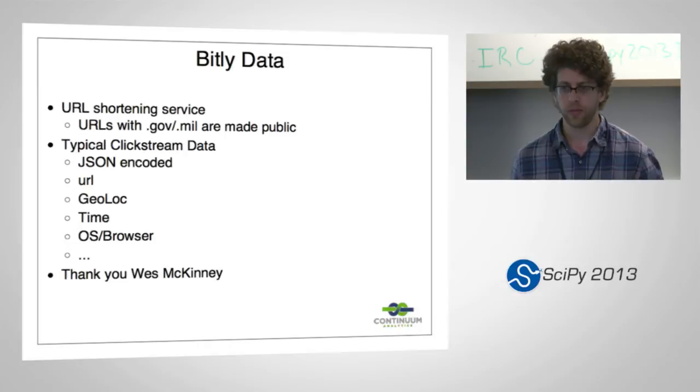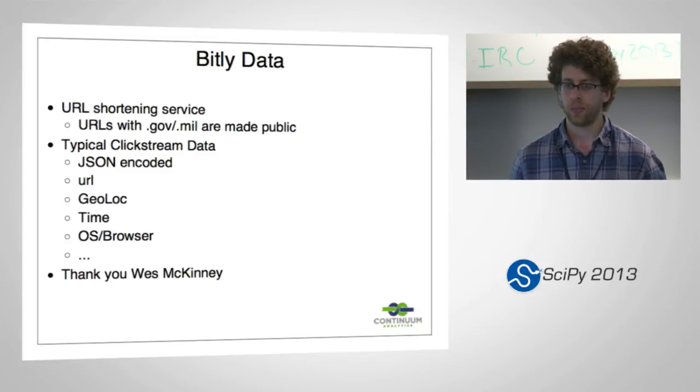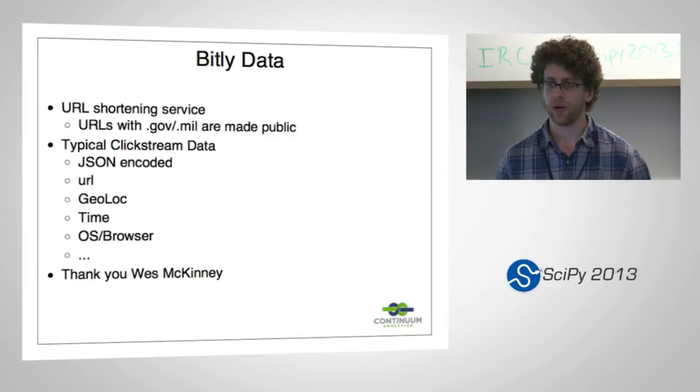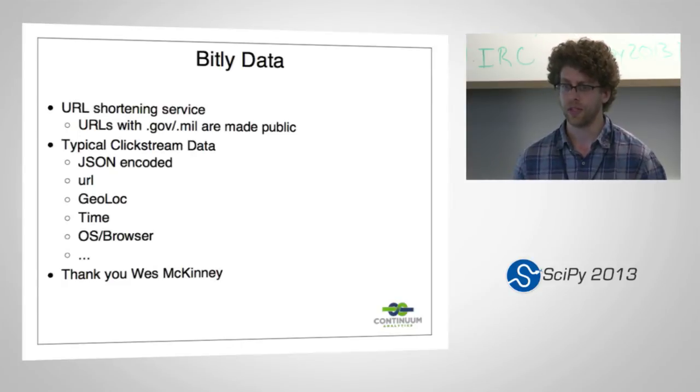It's JSON encoded, and in this clickstream data you'd have the full URL, the shortened URL, where the click came from, whether it was Facebook or Twitter or somewhere else, possible geolocation of where it was clicked, the OS and the browser. There's a whole bunch of information encoded in a single click, and all that's made public. Again, a thank you to Wes McKinney, who made me aware of it in his book, Python for Data Analysis, where I first saw the data set.